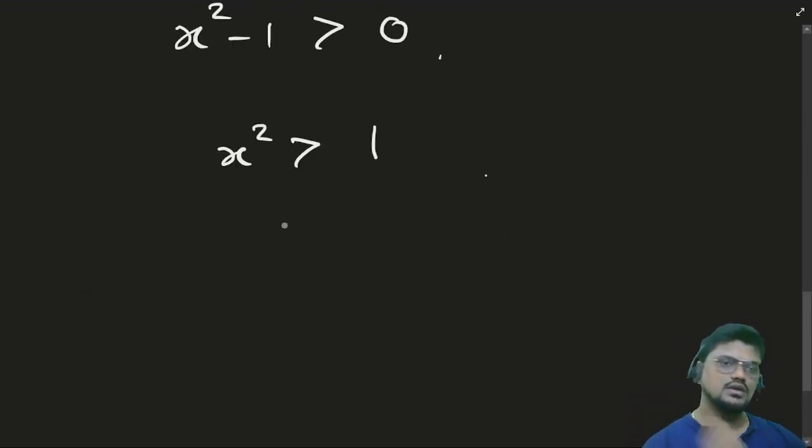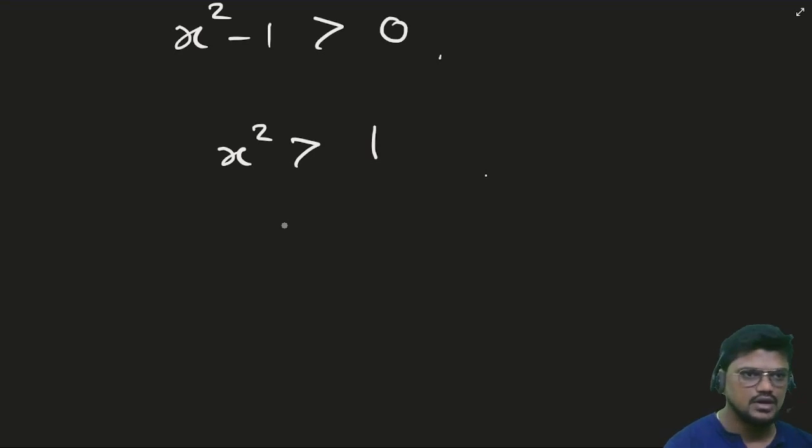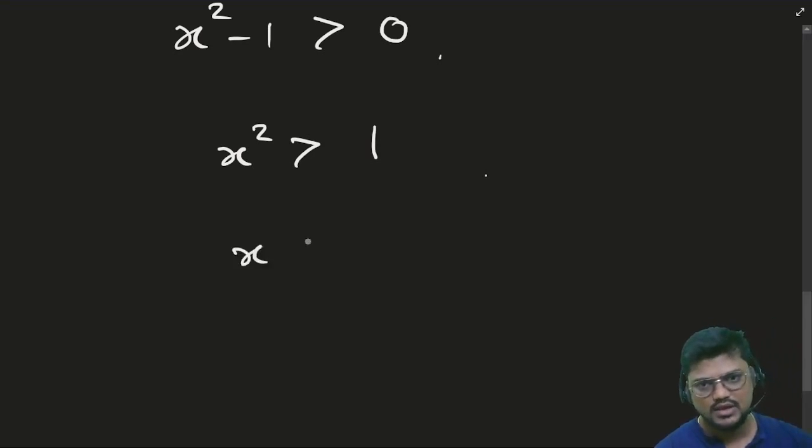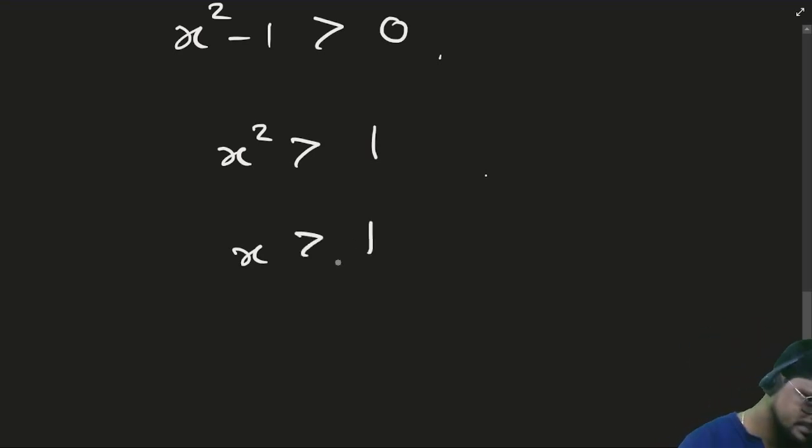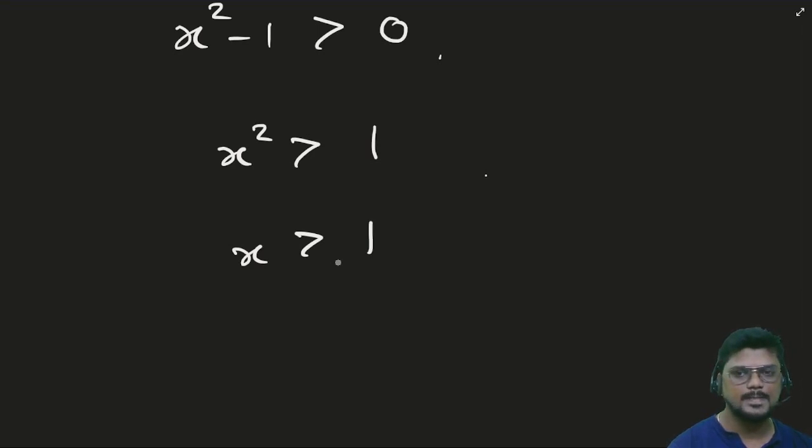See, the square of decimal numbers are always less than 1. So x has to be greater than 1. But is it minus 1? It should be greater than minus 1. Numbers greater than minus 1, that is not possible.